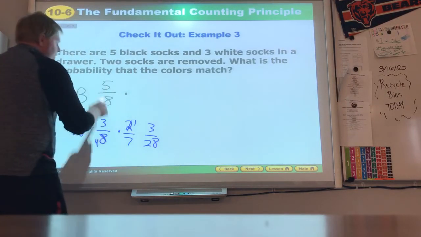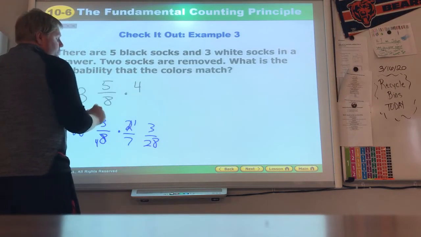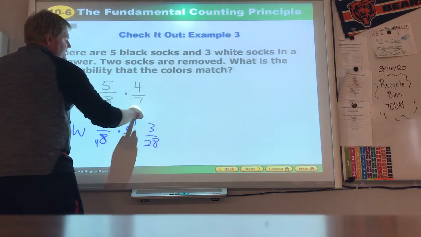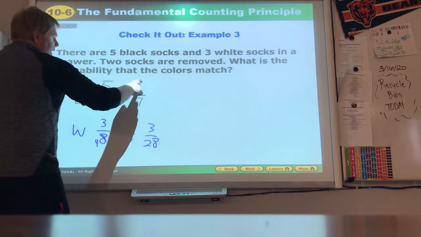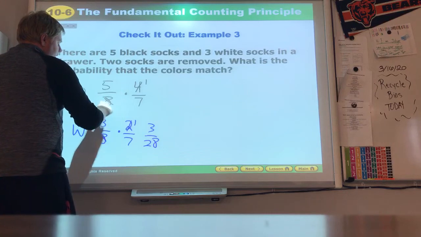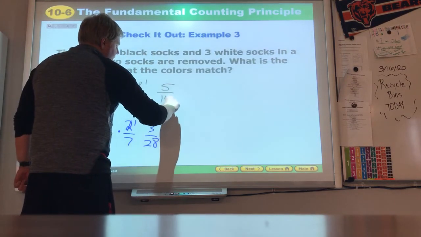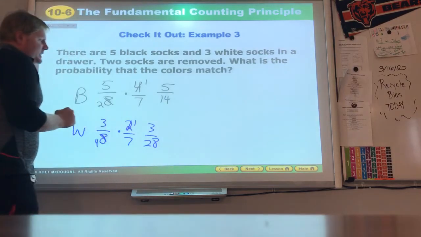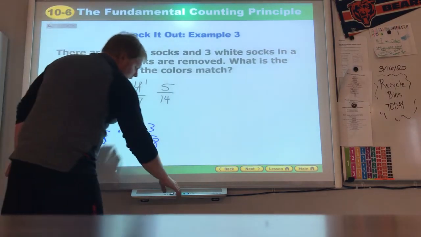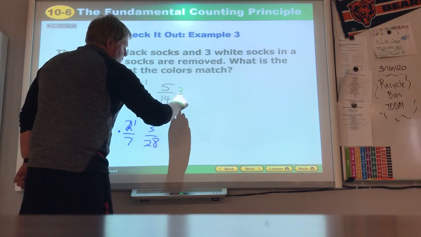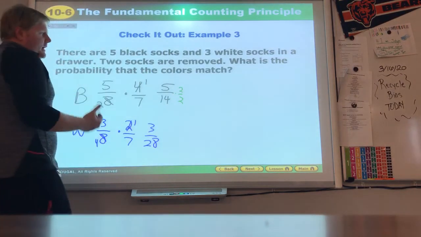Here's what I messed up the first time. I got that black sock, so there's only 4 of them left, but I forgot to reduce that number. All right, I'm going to reduce 1. That becomes 2. 5 out of 14. So I have my black socks, I have my white socks. I'm going to do 2 times 2 to get a common denominator.